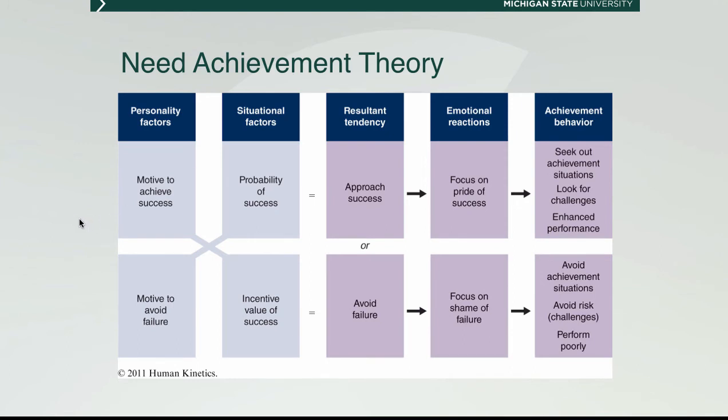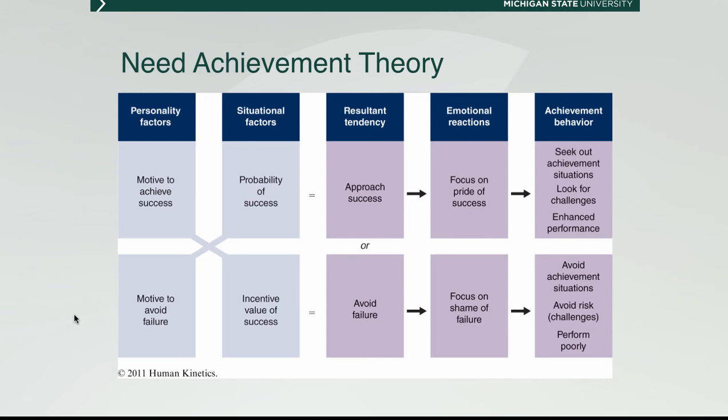So personality factors basically, is the person motivated to achieve success, or are they basically trying to avoid failure? Okay, and you can kind of see how that's a personality thing. Does the person look at 50-50 opportunities as something challenging where they can succeed, or do they look at it as, well, I need to do well so that way I don't fail?